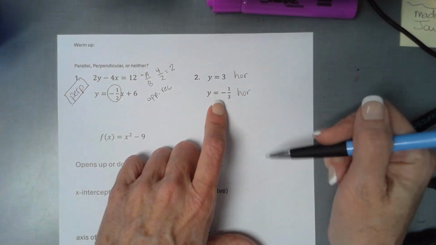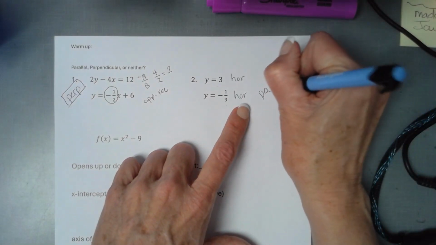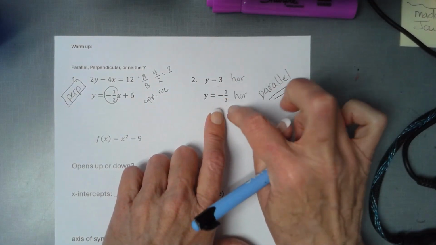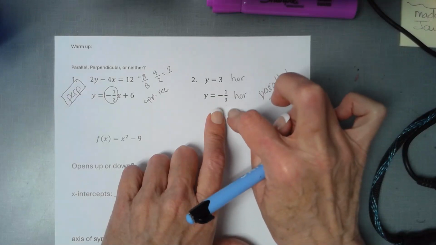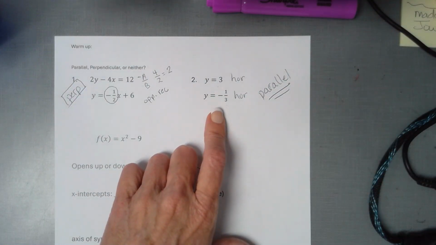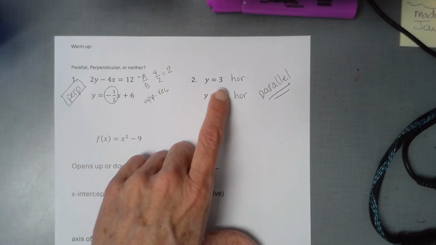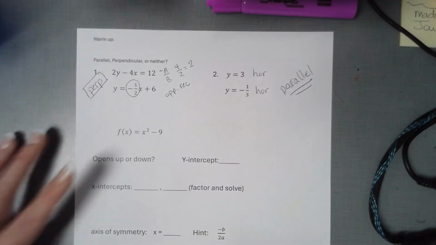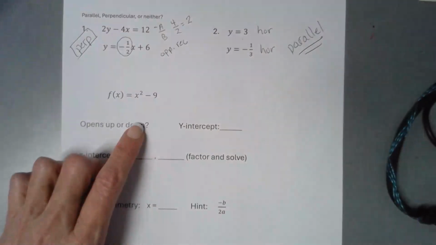But these are both horizontal lines. So they are parallel. What I did was make that y-intercept look like an opposite reciprocal to see if y'all would pick perpendicular. It is not perpendicular. If you only have a y in an equation, it is a horizontal line. So these are both horizontal lines. We good? Okay.